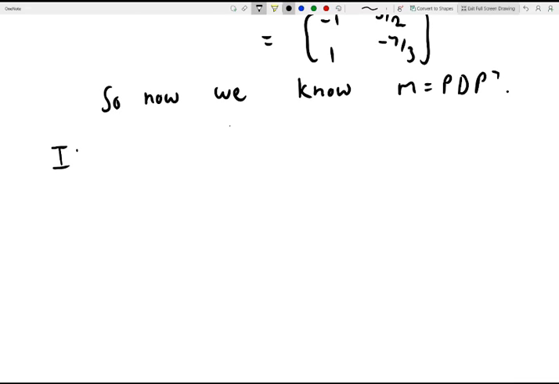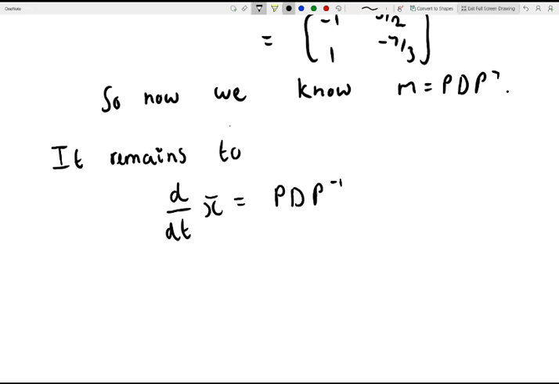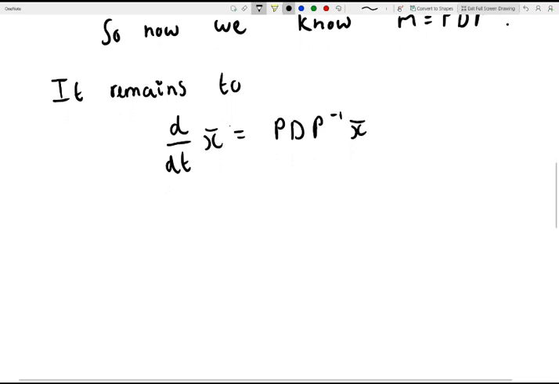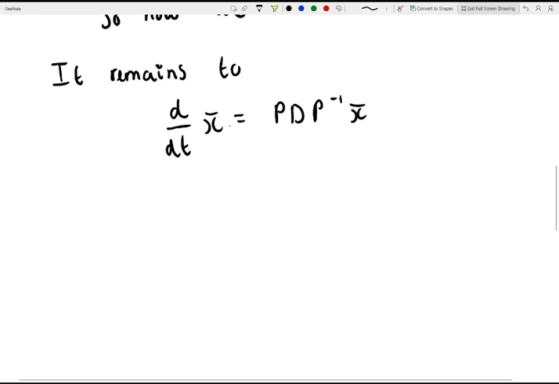It just remains to solve. The derivative with respect to t of x bar is equal to M x bar. But now we have a diagonalization, we can replace it with P, D, P inverse.